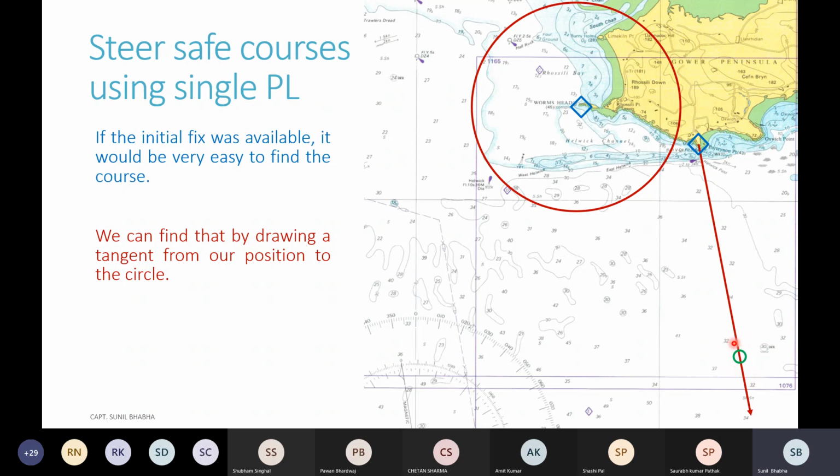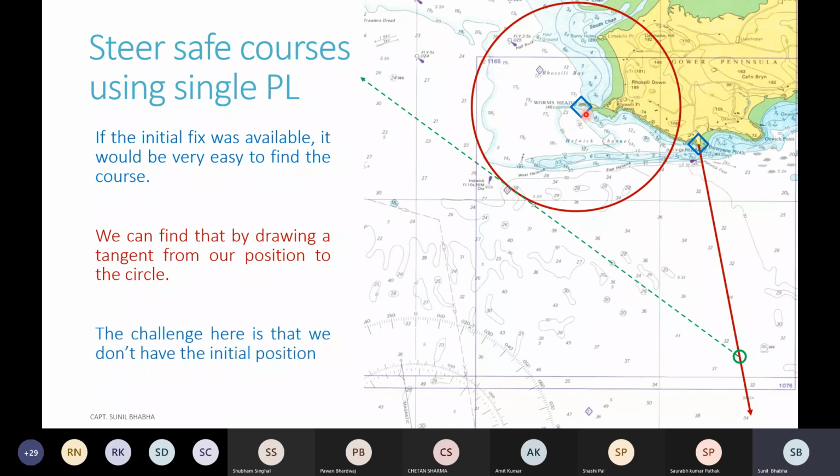You can see the position marked here on the chart. Now, if you want to pass a certain safe distance from the Worm's Head point, it is very easy. You just draw a tangent from this position to this safe distance circle. This is the course which you need to maintain, and you will be passing with the required minimum safe distance from the Worm's Head point.